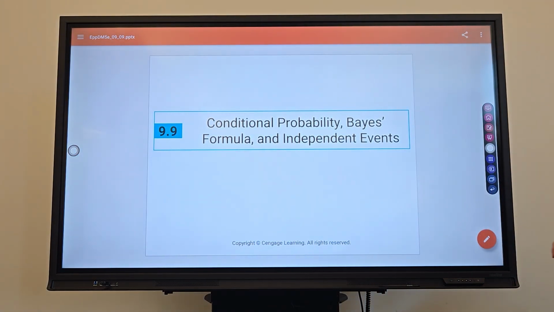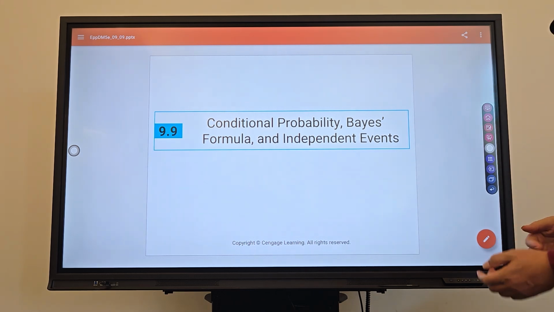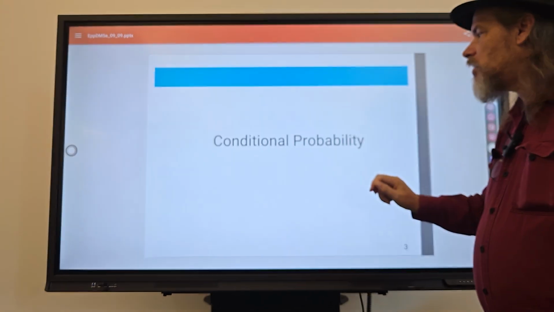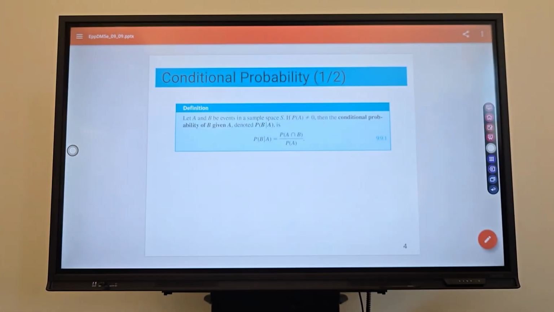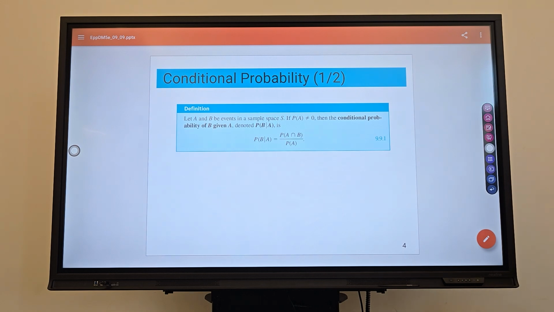All right. Conditional probability, Bayes formula, and independent events. Conditional probability. Let A and B be events in a sample space.